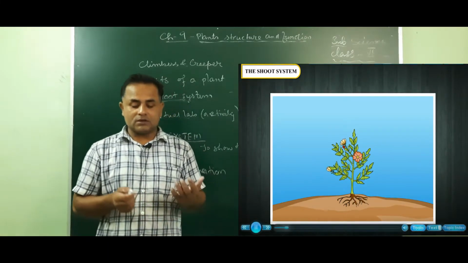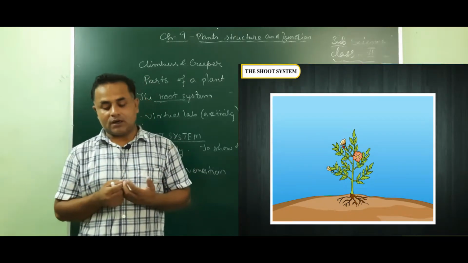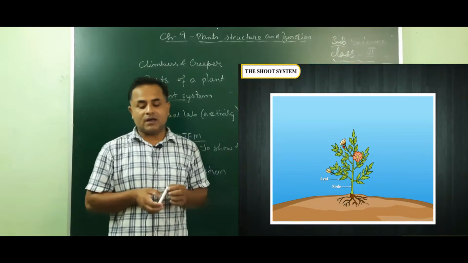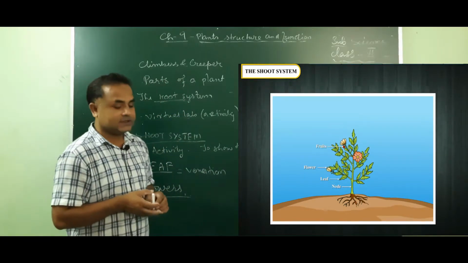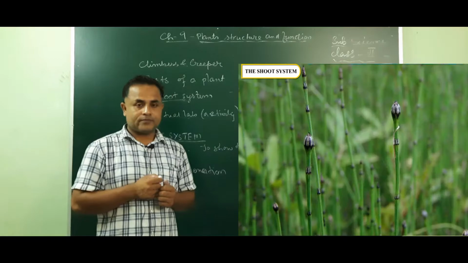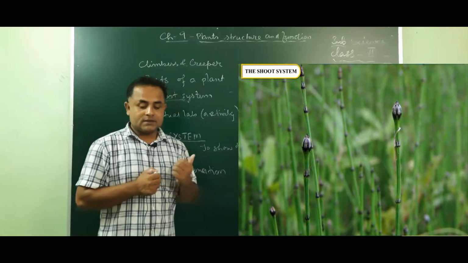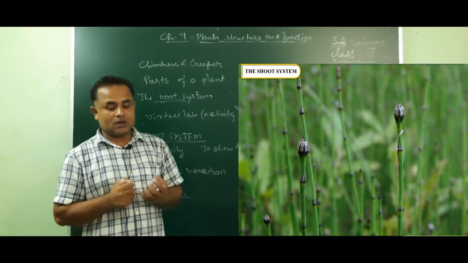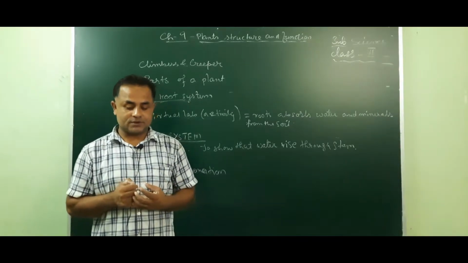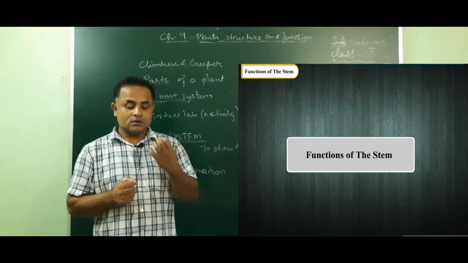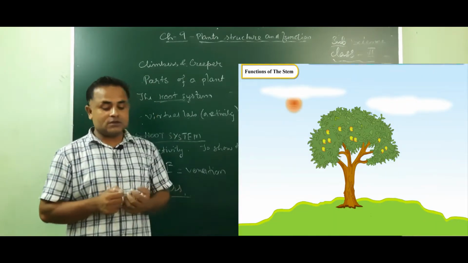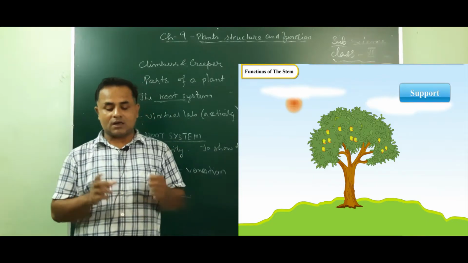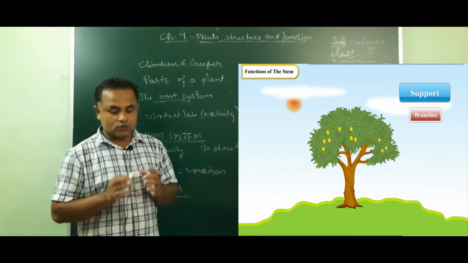We know that the parts of the plant that grow above the soil form the shoot system. They include stem, branches, leaves, flowers, fruits and seeds. Now the stem is the first part of the shoot system. Functions of the stem. The stem straightens and bears the other parts of the shoot.